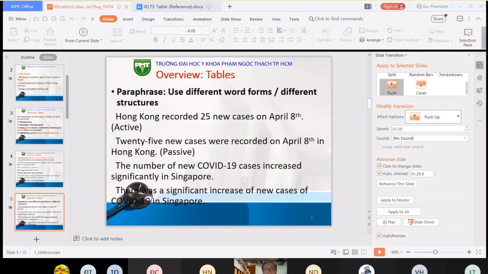In the next sentence, increase has been changed into a noun form, and the adverb significantly is changed into significant, an adjective. So another way to paraphrase is to change the part of speech of the vocabulary. They give you the verb form, you can change into the noun form, or you can even use the adjective form. Change the word family or the part of speech.